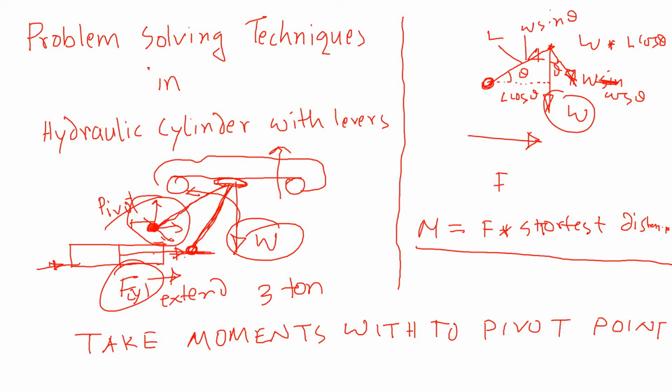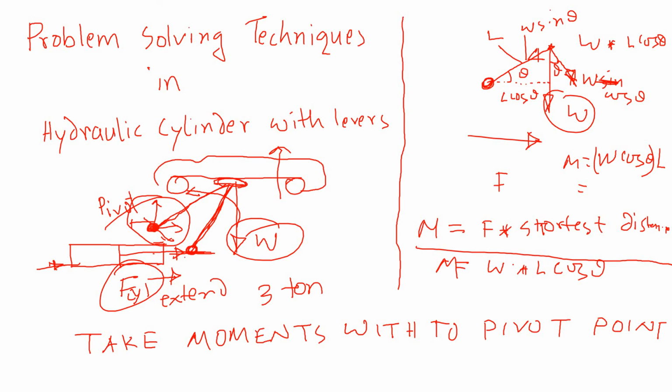If we take moments after resolving the force, the moment equals the force, which is W cosine theta now, times the shortest distance, which is L now. So as you can see, it's the same thing. Without resolving it, it was weight times L cosine theta. You end up with the same thing. So whatever makes it easy for you, just do that. Either you take the shortest distance or resolve the force.